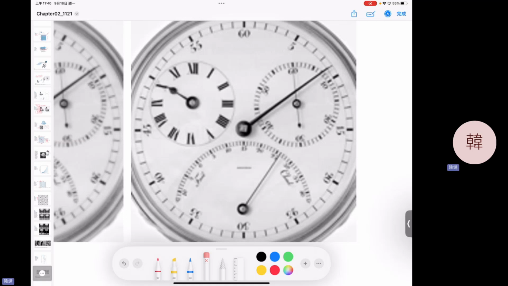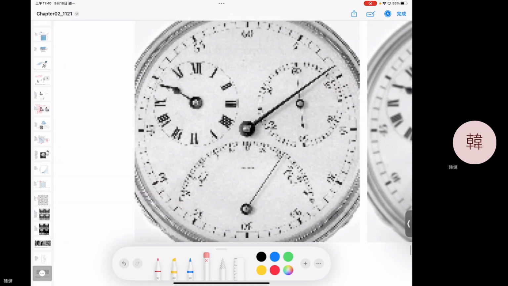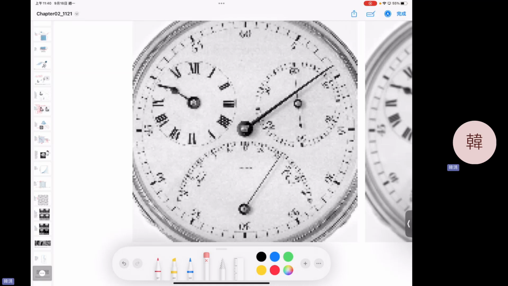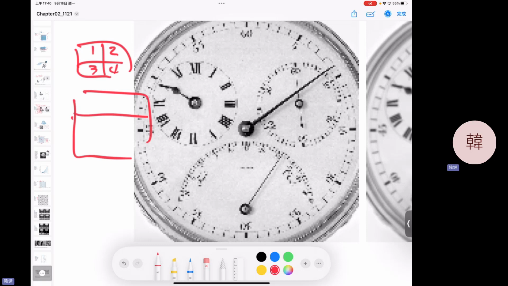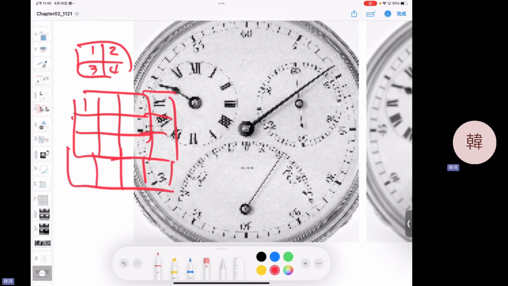So actually, this is the lazy one. How do you do it? Nearest neighbor interpolation. Nearest neighbor.